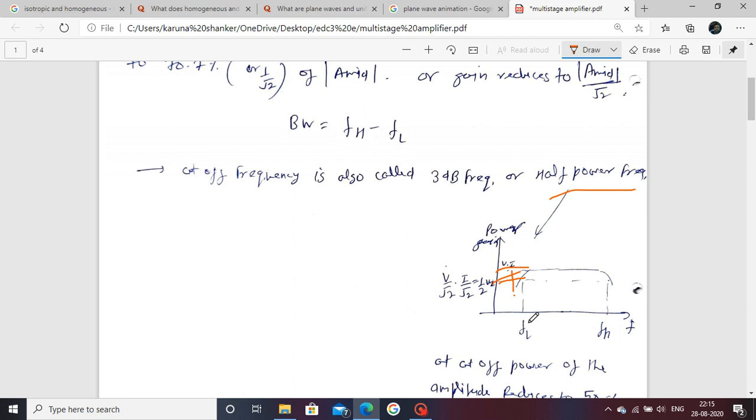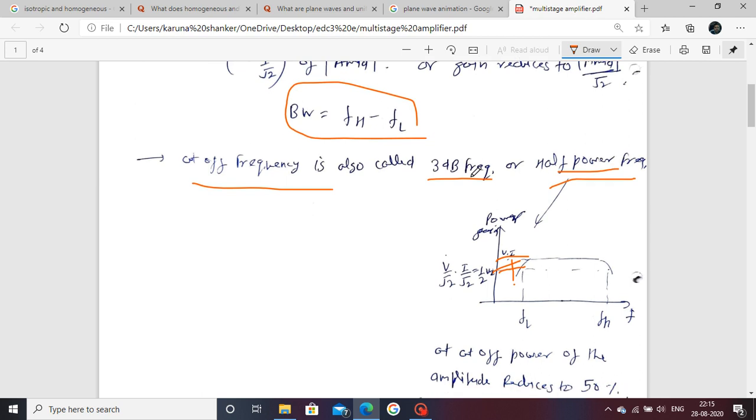This applies to both the lower and higher cutoff frequencies. The overall conclusion is that cutoff frequency is also called 3 dB frequency and half power frequency. Bandwidth is the higher cutoff frequency minus the lower cutoff frequency.